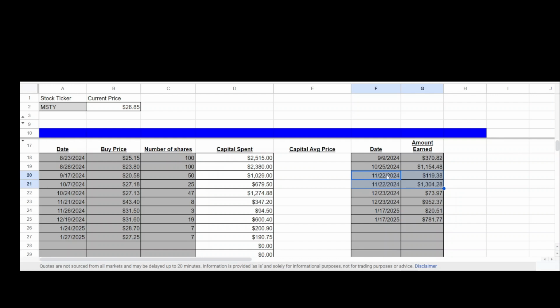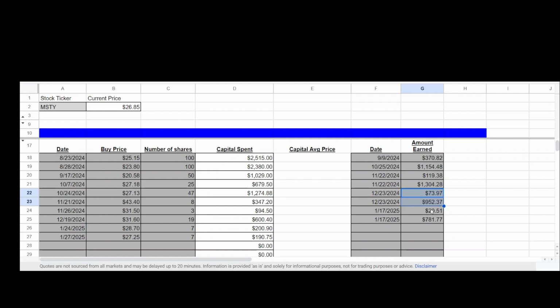So September the 9th, I earned $370.82. October the 25th, I earned $1,154.48. November the 22nd, I earned a total of $1,423.66. And then December the 23rd, I earned a total of $1,026.34.